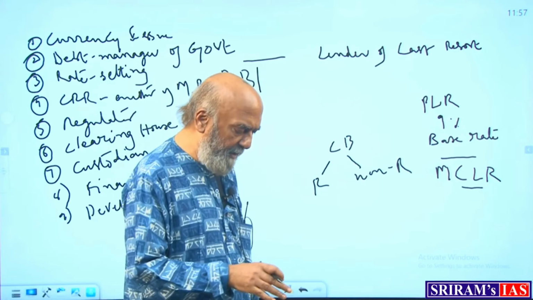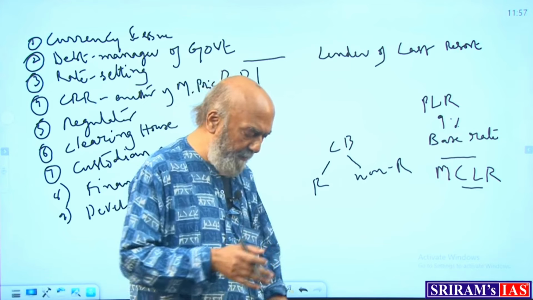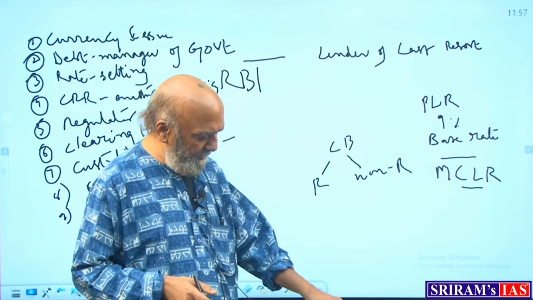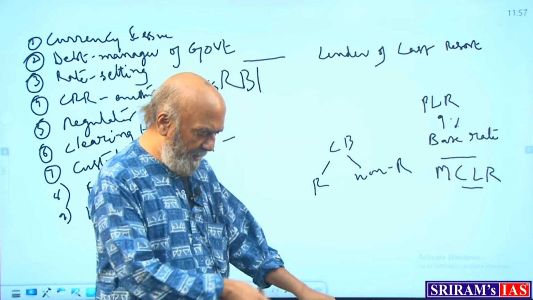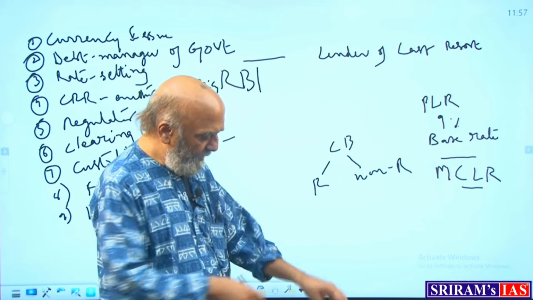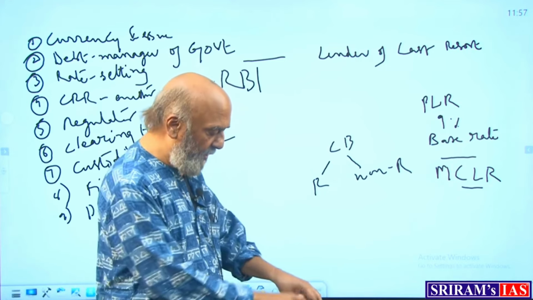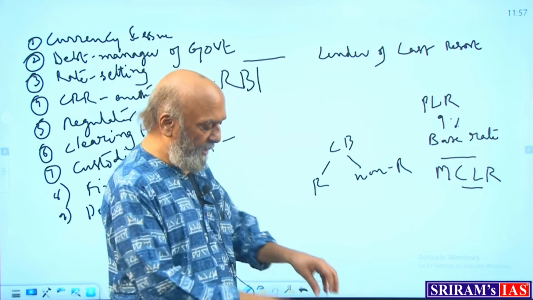Today the RBI lowered the rate. Today the RBI hiked the rate, either way. So my cost of funding is X. Repo rate has been tweaked. Factor the tweak, X minus or X plus. If the rate has gone down, X minus. Rate has gone up, X plus.